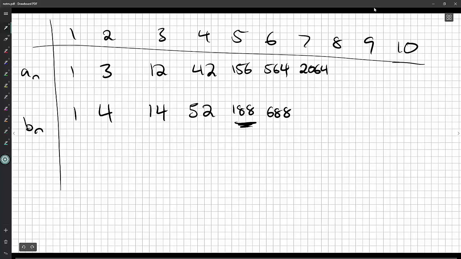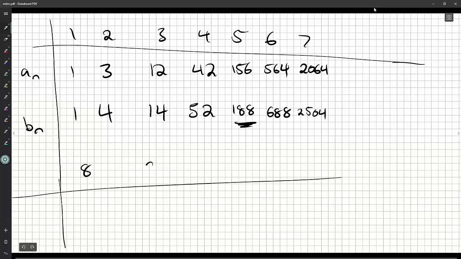Add them together and multiply by 2, and we'll get 2504. And you know what? I'm going to put the 8 and the 9 and the 10 on a separate line, just because I made a mistake. I got too cramped there. So the 2504 times 3 is going to be 7512.